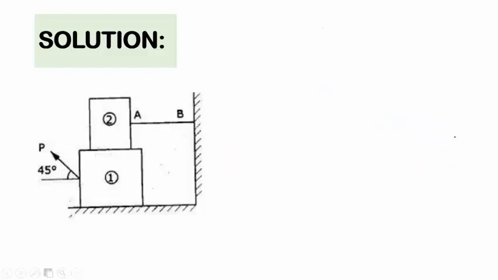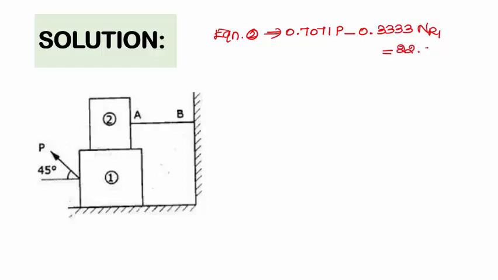We have two equations now in our hand. Equation 2 is 0.7071 P minus 0.3333 NR1 is equal to 22.0725, and equation 3 is 0.7071 P plus NR1 is equal to 225.63.